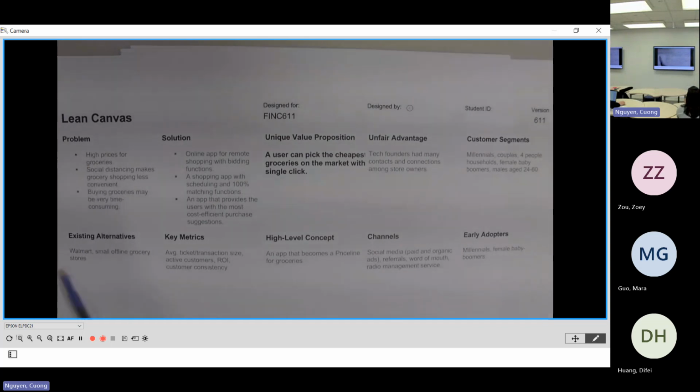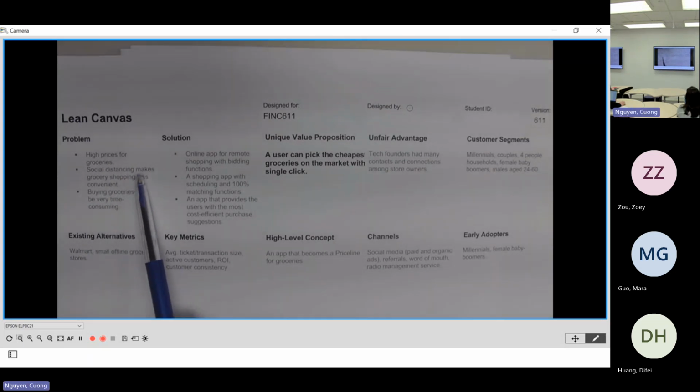Now, you see that we have problem, solution, unique value position, unfair advantage, customer, high level concept, existing alternatives, existing competitors, and so on. So for example, what kind of problems do we have here? High prices for grocery.